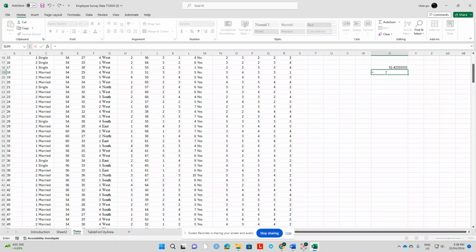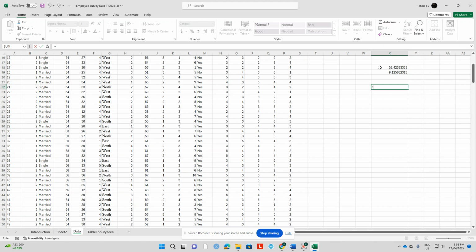So equals standard deviation sample, and then here again, I type I2 double point I301. This is the standard deviation. Now I can calculate average minus and plus standard deviation, which becomes the lower bound and the upper bound of the one standard deviation interval.